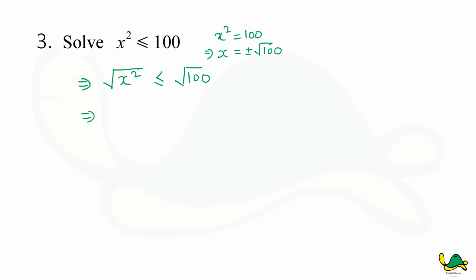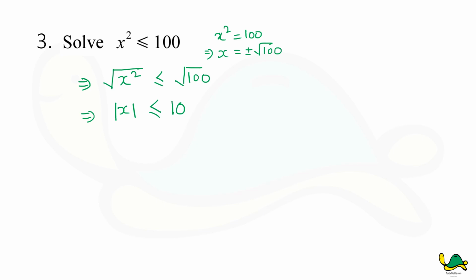In the next step, the square root of x square is modulus of x, or absolute value of x, and this absolute value has to be less than 10. Now doing this, I have ensured that this quantity is positive and I can take care of both the positive and negative 10 using this inequality.